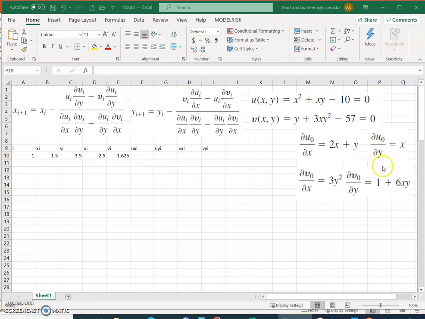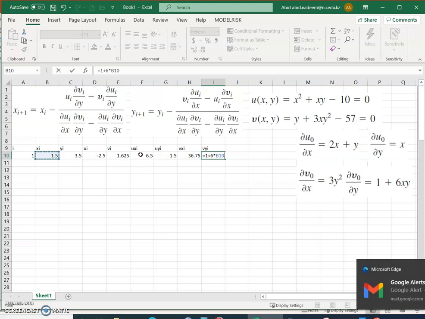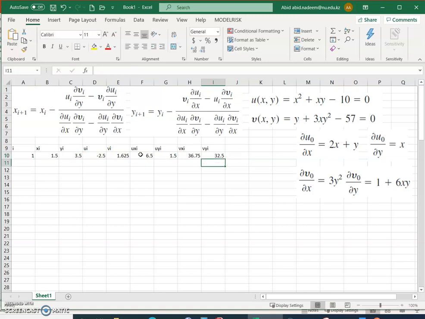So I have copied the partial derivatives. ux is equal to 2 times x plus y, so it will be 6.5. uy is only x, and vx is 3 times y squared, and then vy, partial v over partial y, is equal to 1 plus 6 times x times y, so it is 32.5.